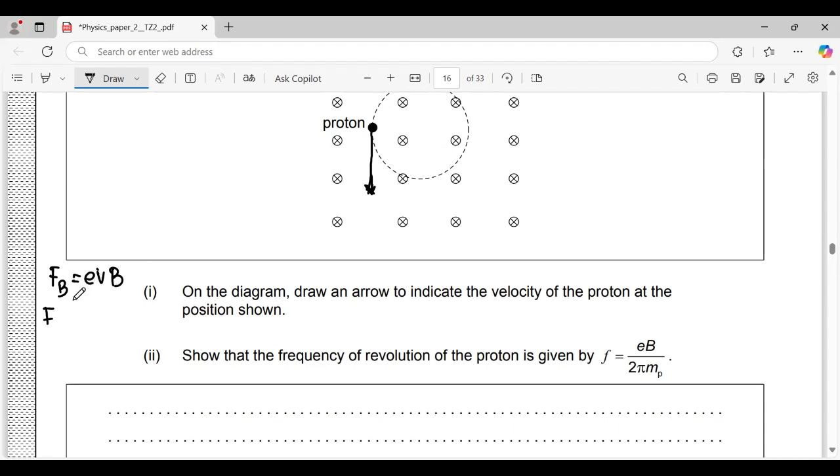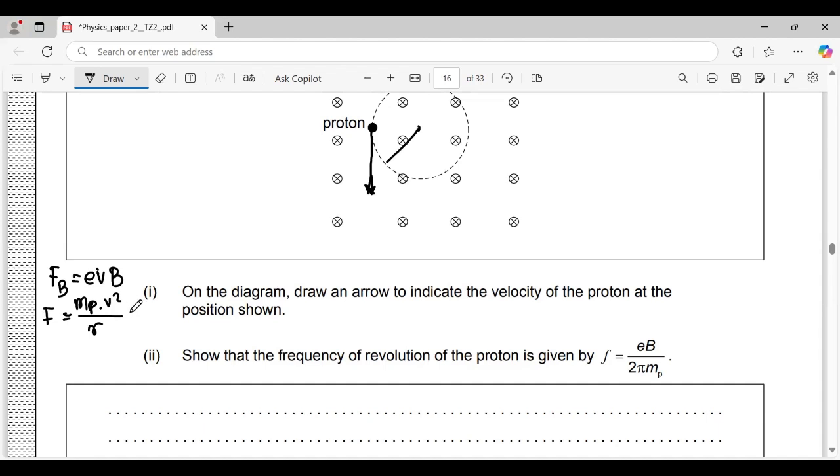If this is the center of the circle, with radius r, we can express that centripetal force F equals mp, the mass of proton, times v squared over r. r is the radius of the circular path of the proton.